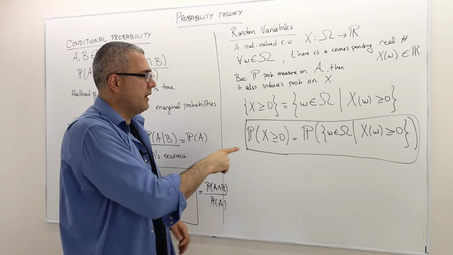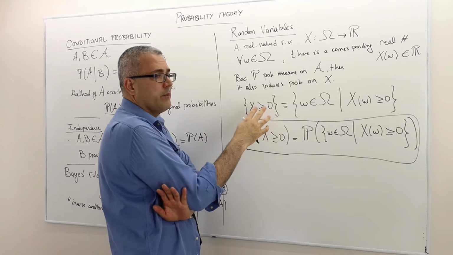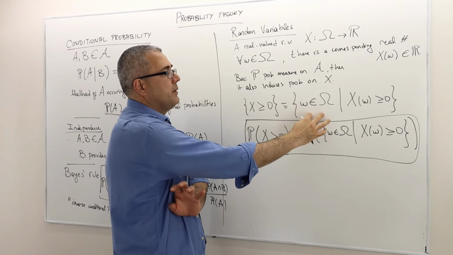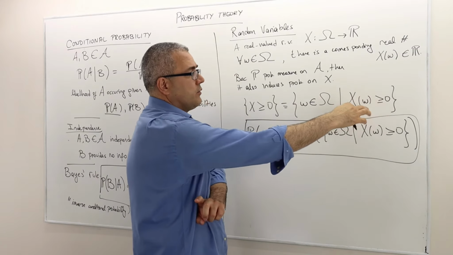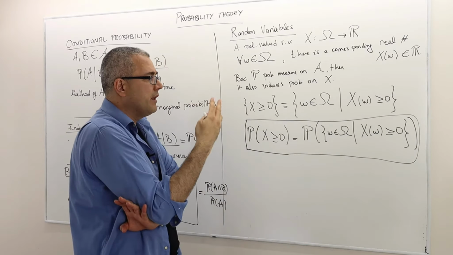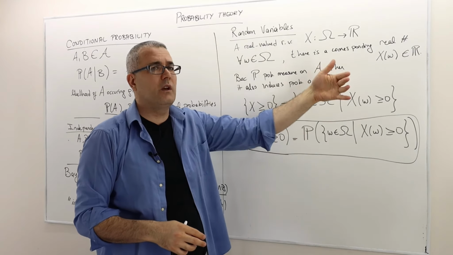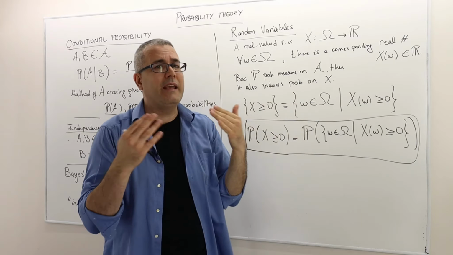First of all, what does it mean that my random variable is non-negative? It means all possible outcomes where my random variable maps to some real number which is non-negative. Maybe there is no such outcome, so this set might be empty.